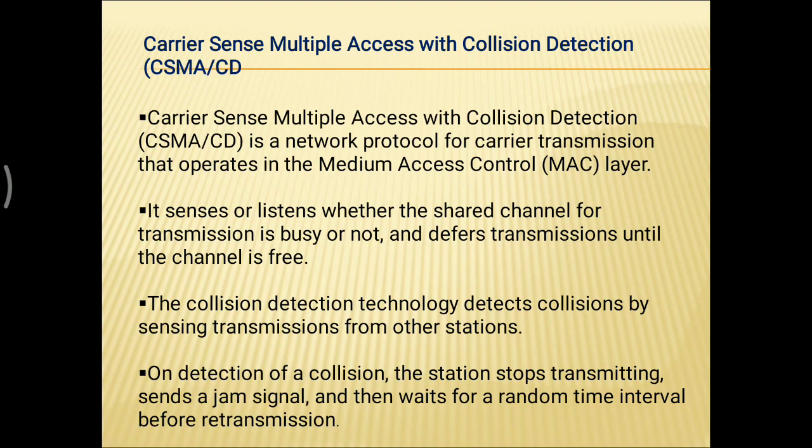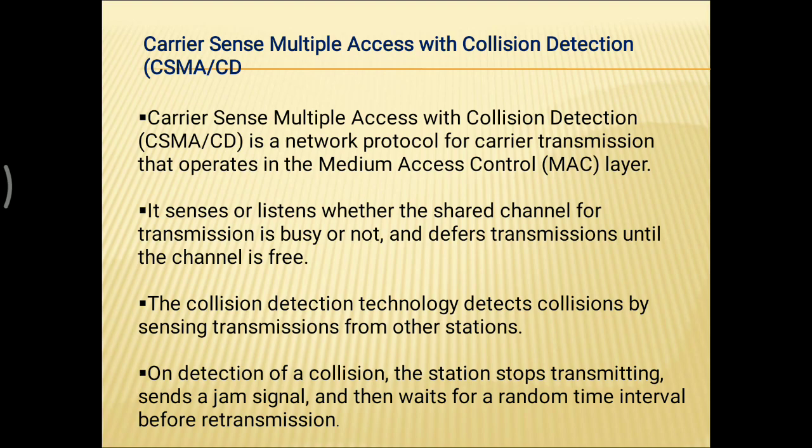CSMA/CD reduces the collision in two ways. Firstly, by reducing the vulnerable period for one or two frames of transmission. And secondly, in this protocol no station begins to transmit when it senses the channel is busy.